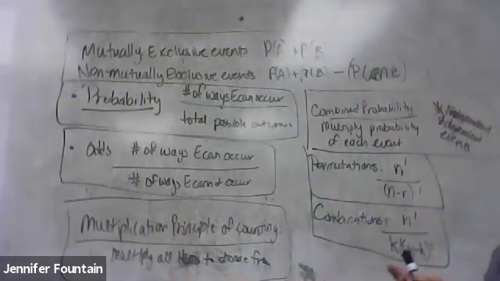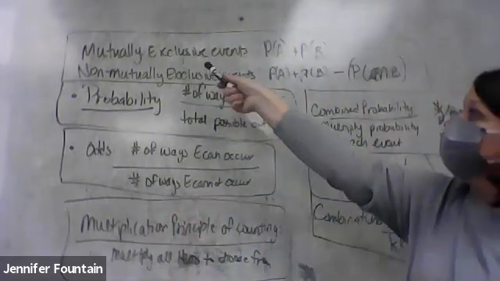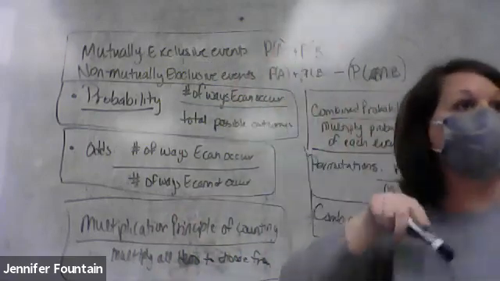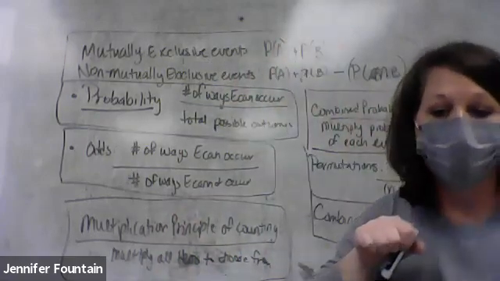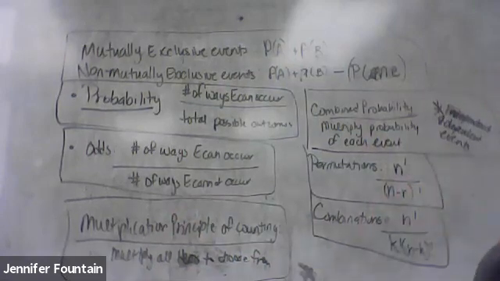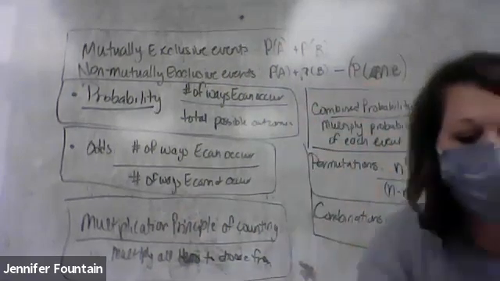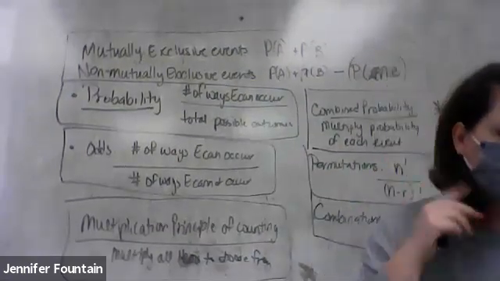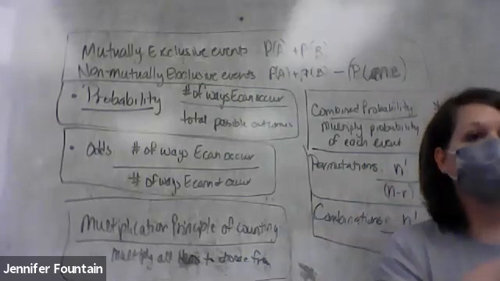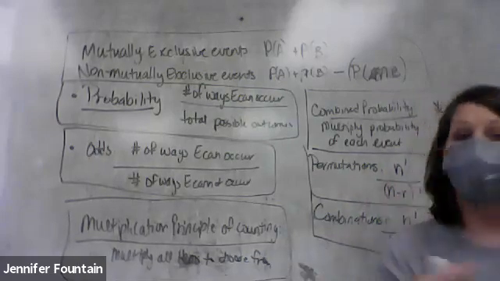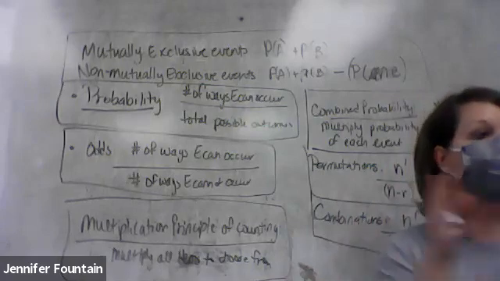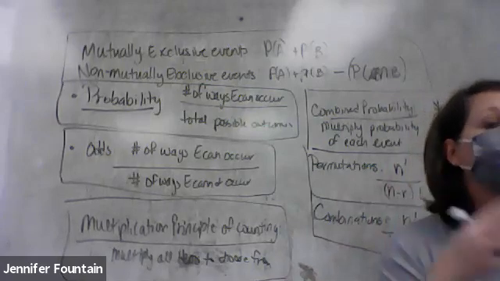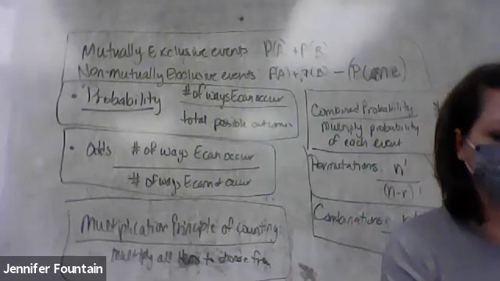Just like in the last one, these would be non-mutually exclusive events, because each event did not affect the other. So when I was doing the spinner, my first spin did not affect my second spin, my third, or up to 24, but we just added them. It was like repeated addition, which was the same as multiplication.